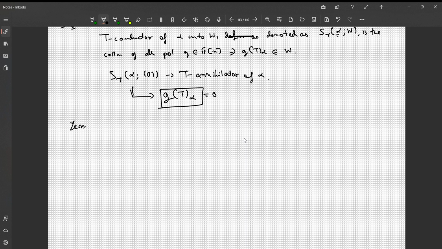So what happens if W is T invariant? Observe that. Let me phrase this as a lemma.